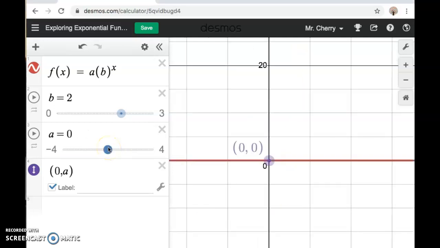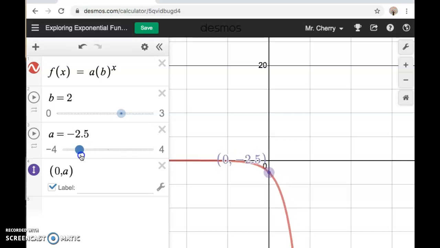All right, so last thing I want you to notice is that as we adjust a, as we go from 0 and increase, the exponential function is also increasing. Now, if we shift a from 0 and we go towards -4, instead of increasing, the function now decreases.